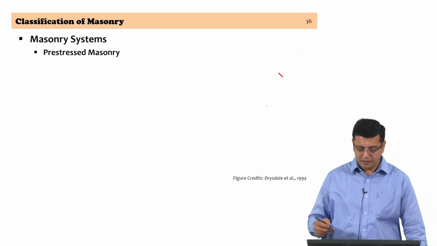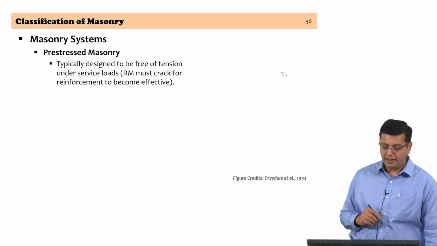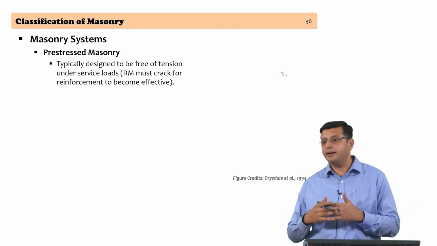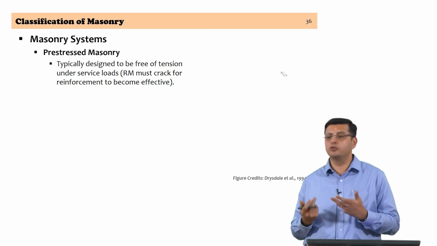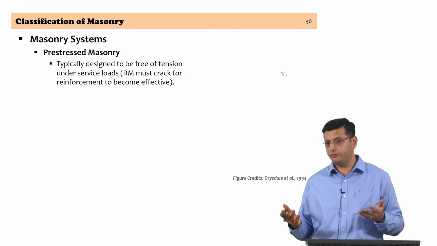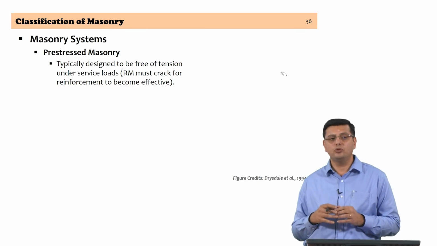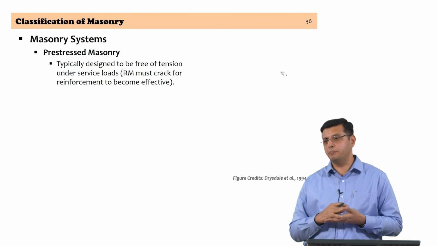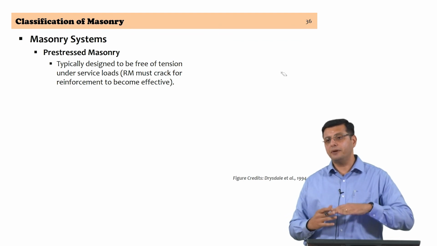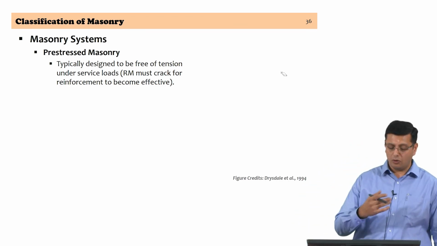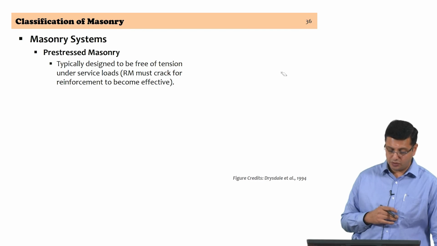The final typology is prestressed masonry, and basically in reinforced masonry you require that the masonry cracks, and that is when the reinforcement starts working. But in prestressed masonry you do not wait for the masonry to crack, you are tensioning the bars such that you introduce a pre-compression, and the pre-compressed masonry works to counteract lateral forces and gravity forces together.